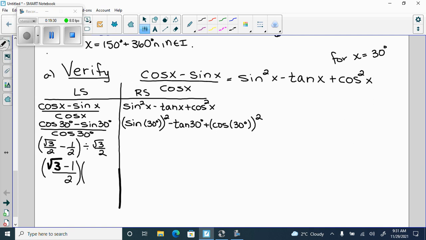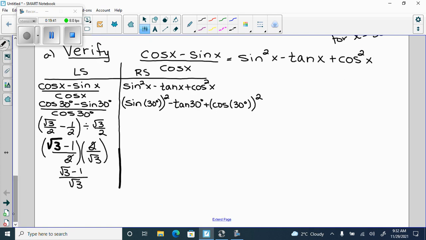Now I can flip it because it's full fraction, full fraction. These cancel, and I get root 3 minus 1 over root 3. And then rationalize. Root 3 times root 3 is 3. Minus 1 times root 3 is minus root 3, all over 3. And I'm going to let that sit and see what happens.